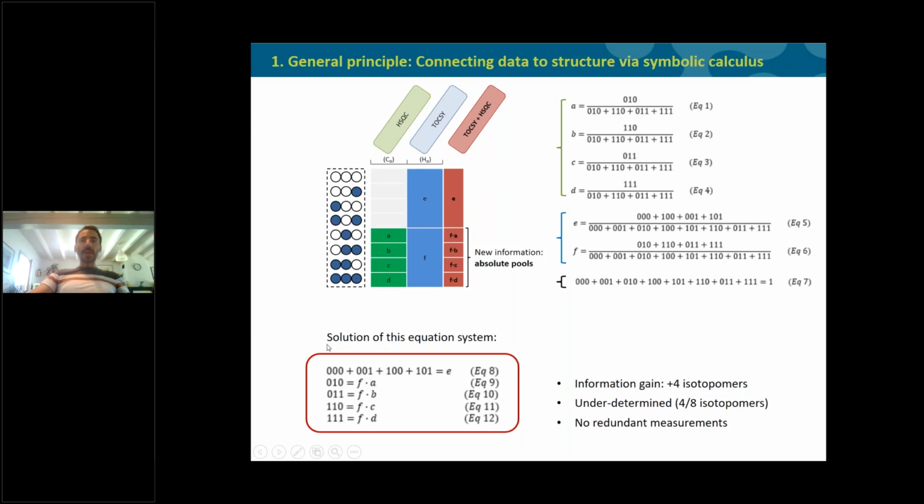So when combining these 2 sets of measurements via symbolic calculus, we have a gain of information. Here we can quantify 4 additional isotopomers. Still, the system is not completely determined. As you can see from the first equation here, we cannot quantify each of these 4 species, but only the total pool of the species. And here we do not have any redundant measurements.